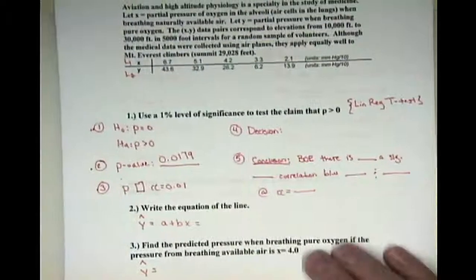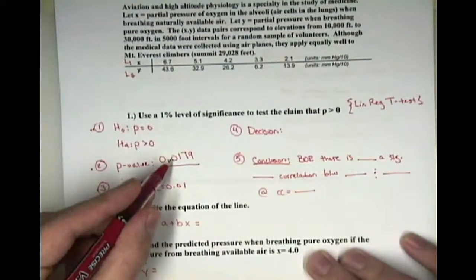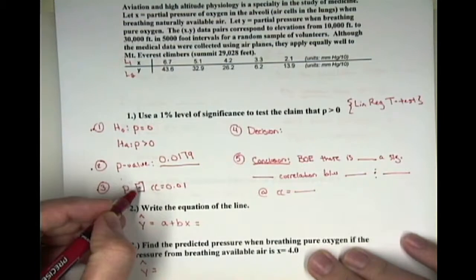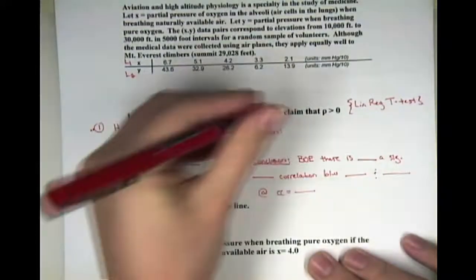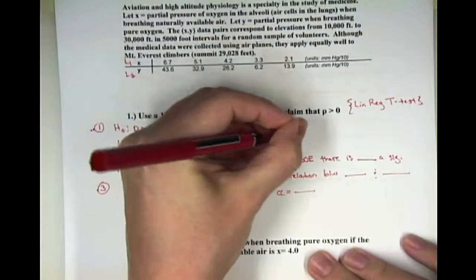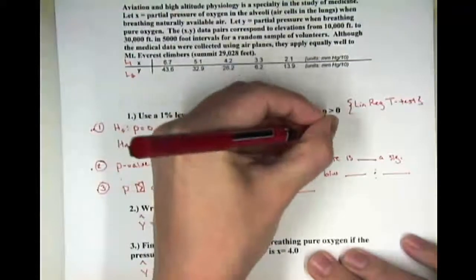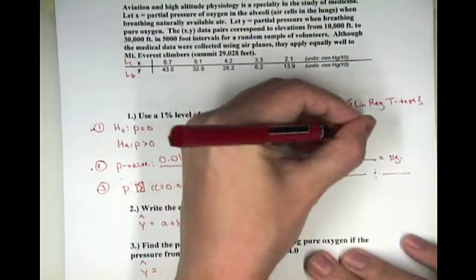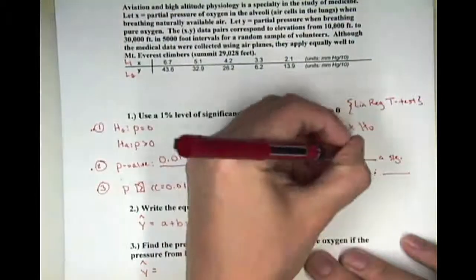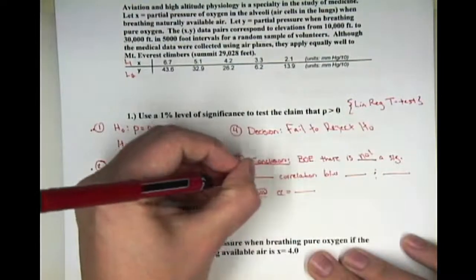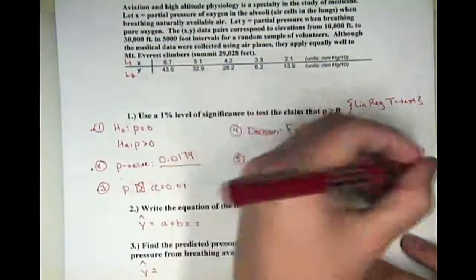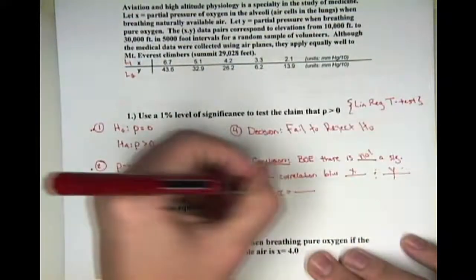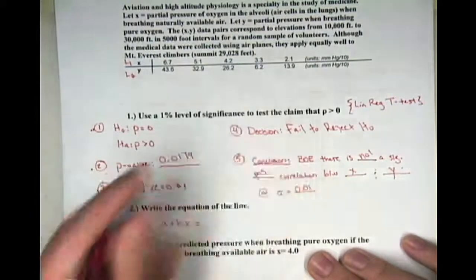Now, is P less than or greater than alpha? Well, technically P is greater than alpha, so we are going to fail to reject H naught at this level, meaning there is not a significant positive correlation between the X variable and the Y variable at alpha 0.01.